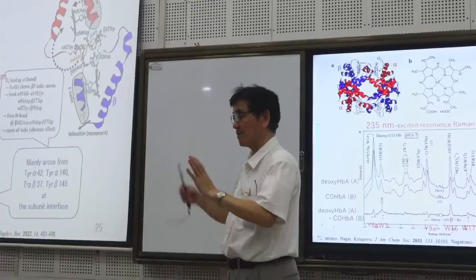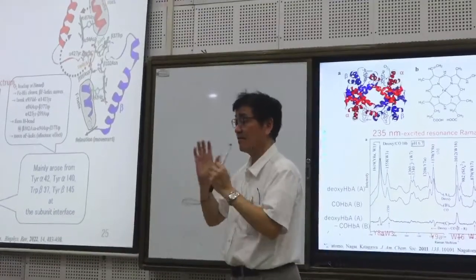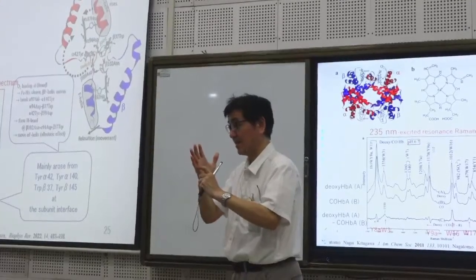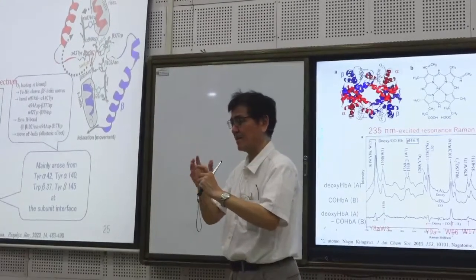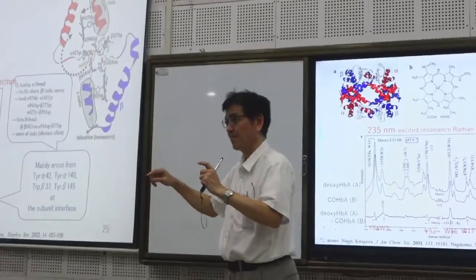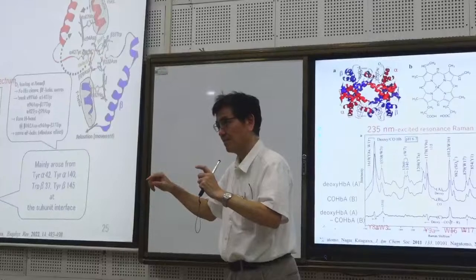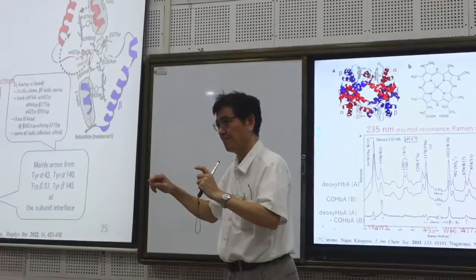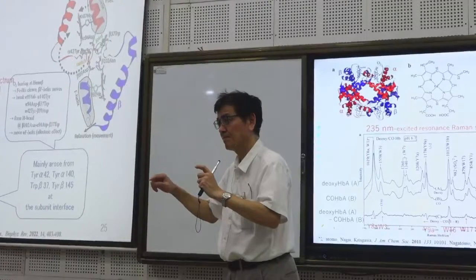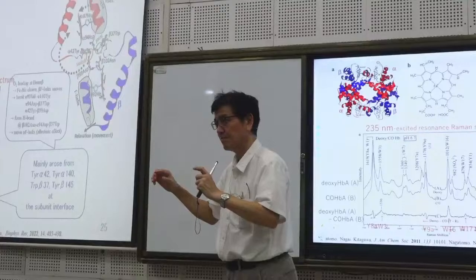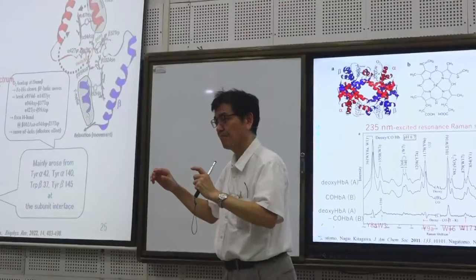Let's say a dye absorbs at 520 nanometer. Which wavelength laser should we try, 532 or 633?